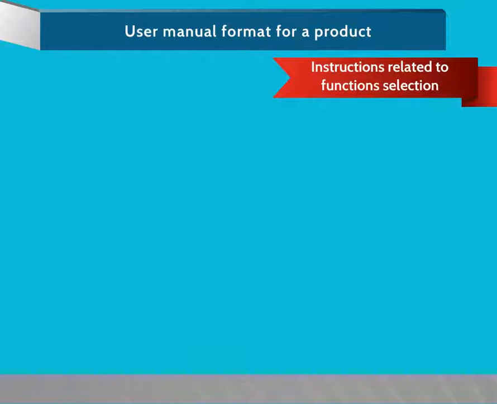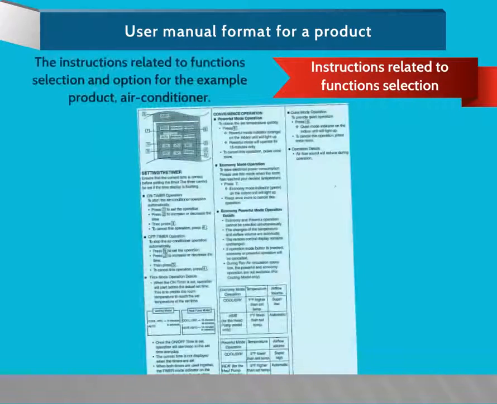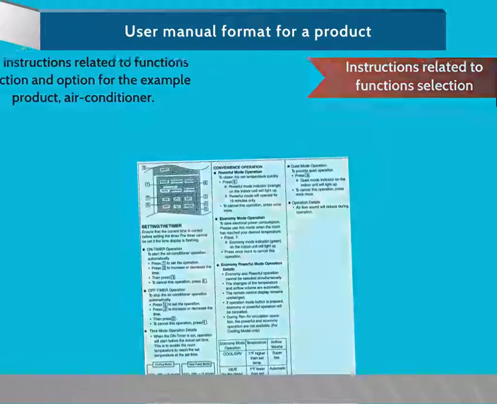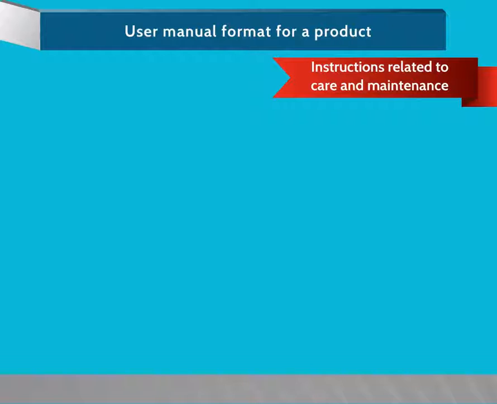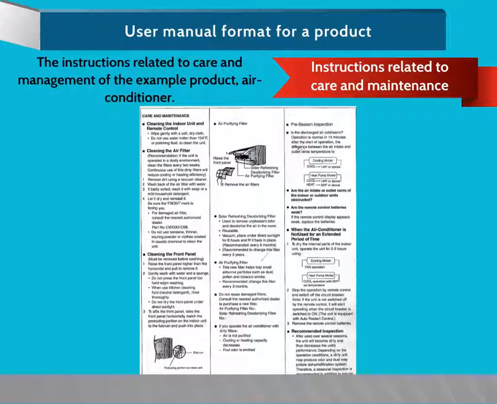Instructions related to function selection. The instructions related to function selection and options for the example product air conditioner. Instructions related to care and maintenance. The instructions related to care and maintenance of the example product air conditioner.